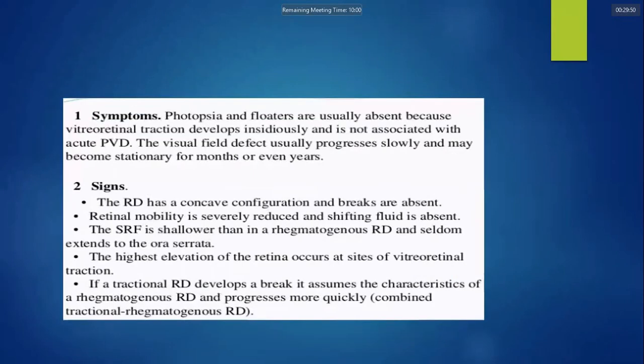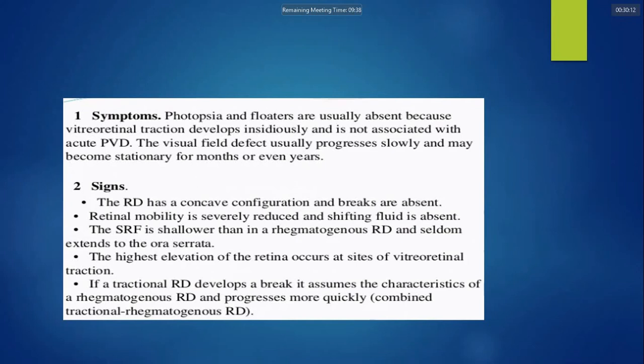That is very important. Symptoms, that is photopsia and floaters, are usually absent because vitreoretinal traction develops insidiously and is not associated with acute PVD, and the visual field defect usually progresses slowly and may become stationary for months or years.